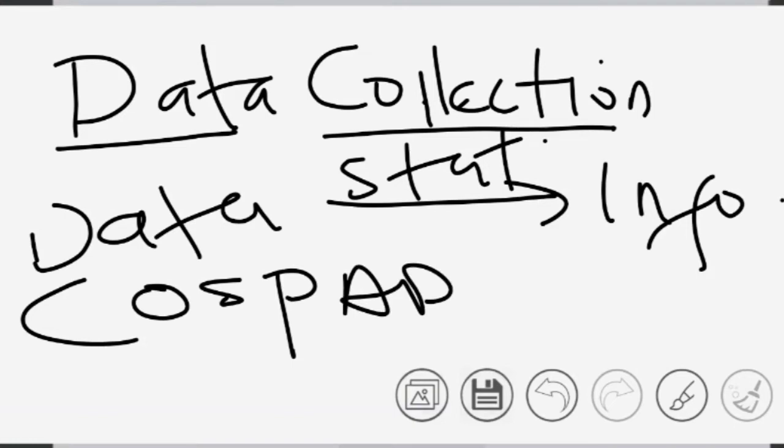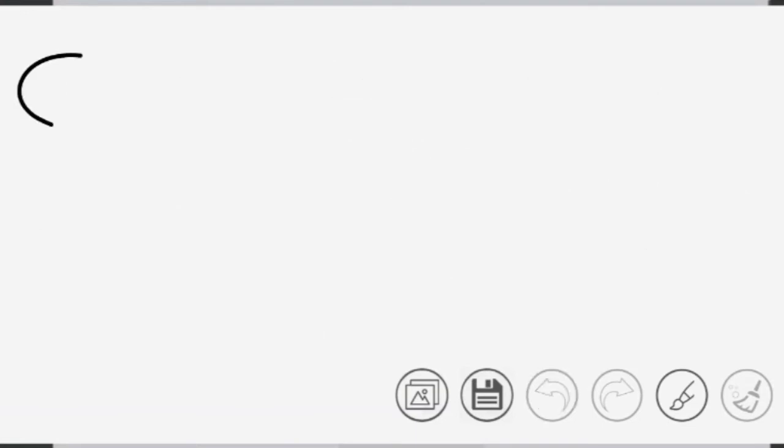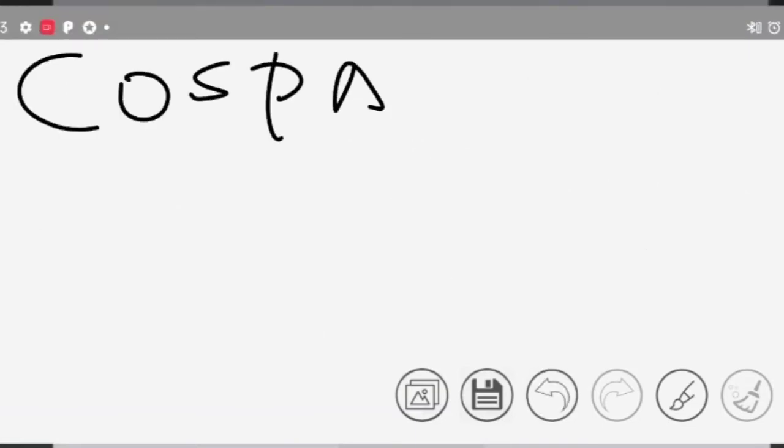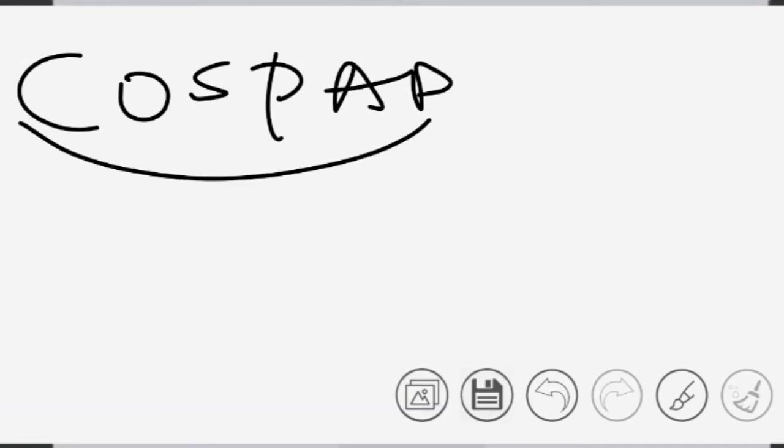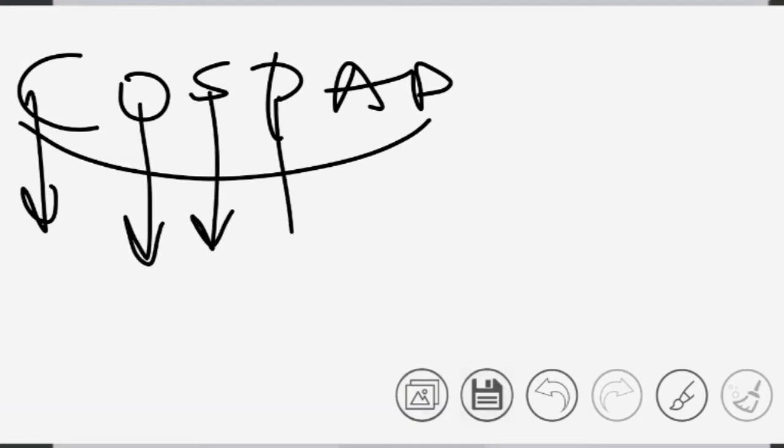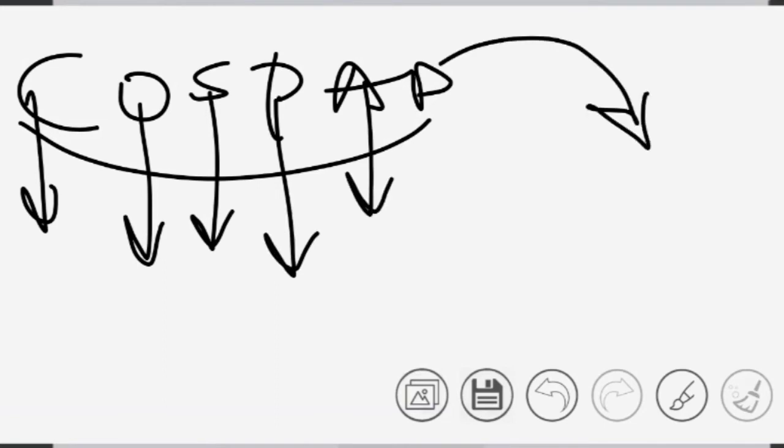The C stands for collection, the O stands for organization, S stands for selection, P stands for presentation, A is for analysis, and D is for drawing out of useful conclusions. So statistics can be defined as the collection of data, the organization of data, the selection of data, the presentation of data, the analysis of data, and the drawing out of useful conclusions for the purpose of data analysis.